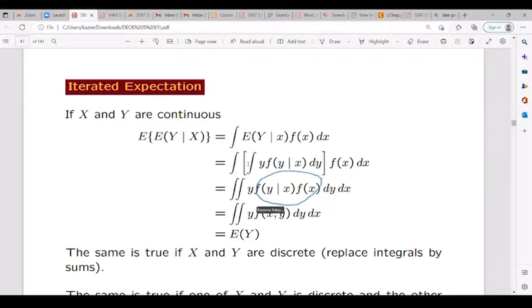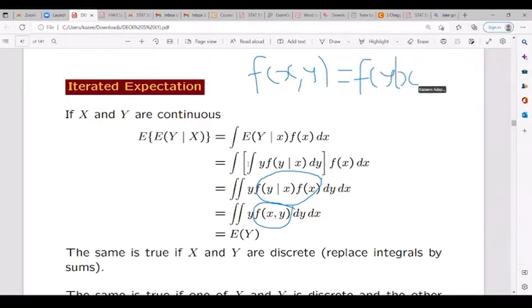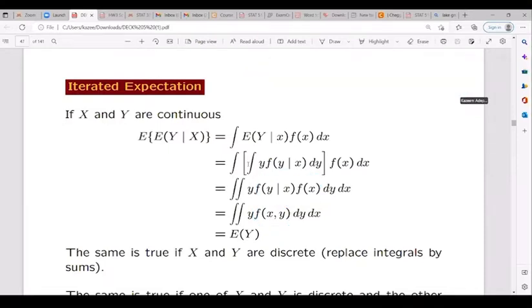That is the same thing as f of x, y. You remember f of x, y is f of y given x multiplied by f of x. You know that? And if this is what you have now, so what are we actually talking about? What we are actually talking about, take a look at this guy.